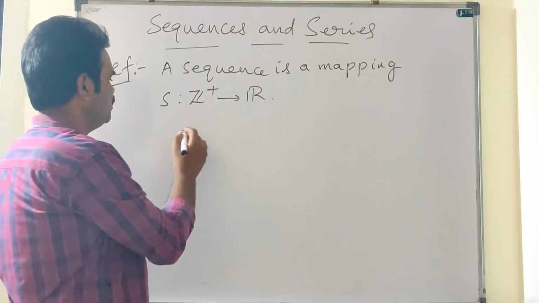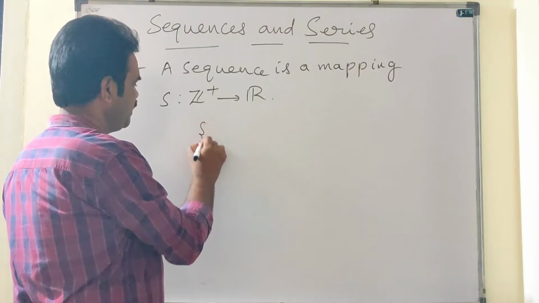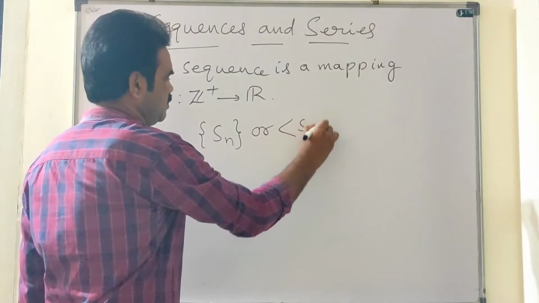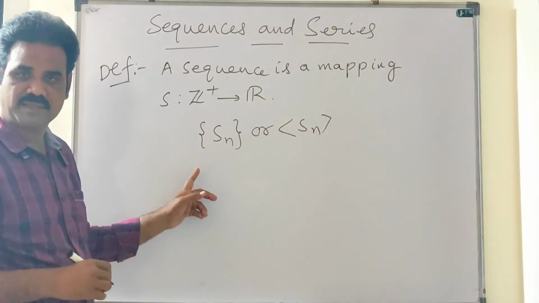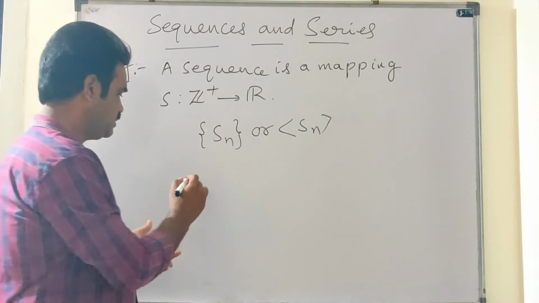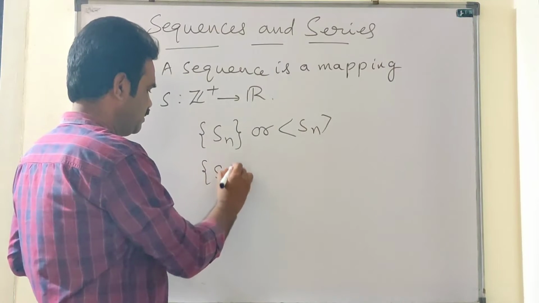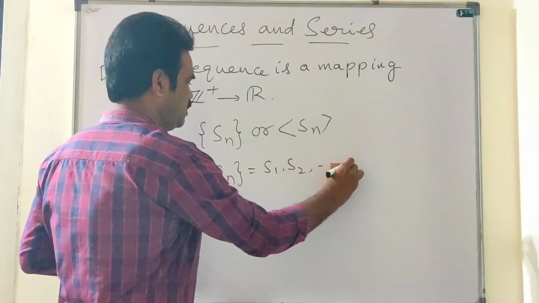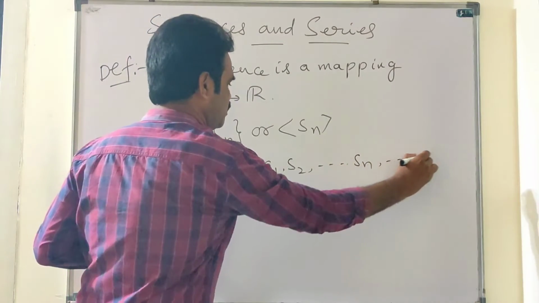We denote the sequence by Sn, read as sequence Sn. That is, sequence Sn is equal to S1, S2 and so on, Sn and so on.